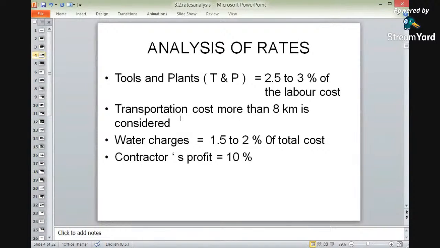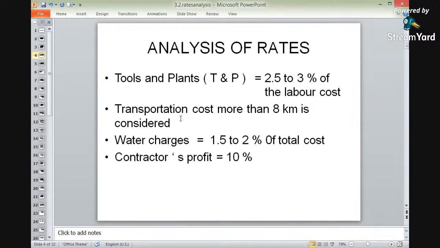Again, water charges. In some sites there is scarcity of water, and without water the construction work cannot be carried out. It is very essential. Therefore, in some cases, we have to keep some amount for the water charges. We keep aside some amount from the total cost as water charges, because water plays an important role.